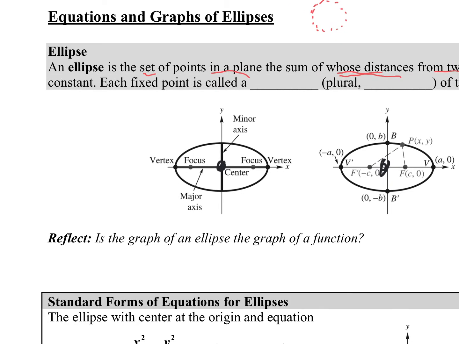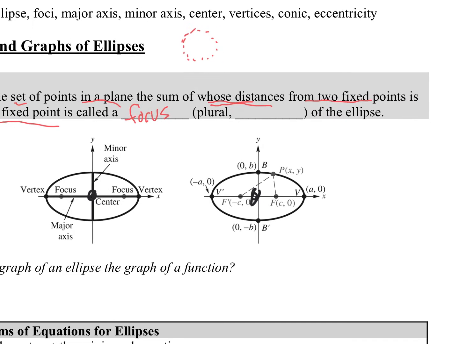It's hard to put in words, so I'll have to show it to you. Each fixed point is called a focus, and the plural, since there are two of them, is foci.